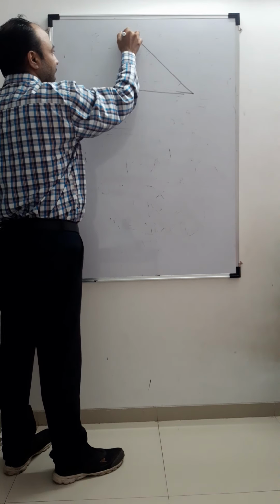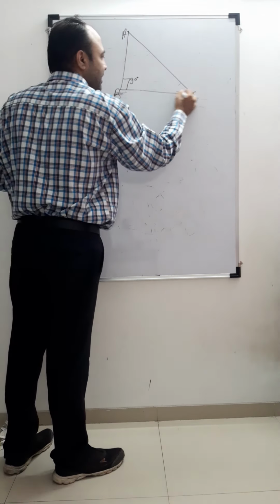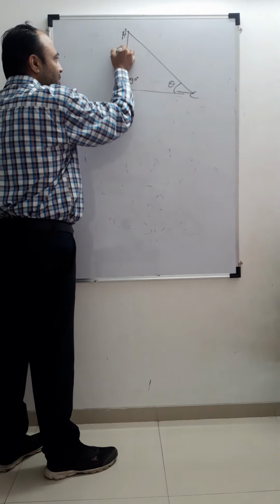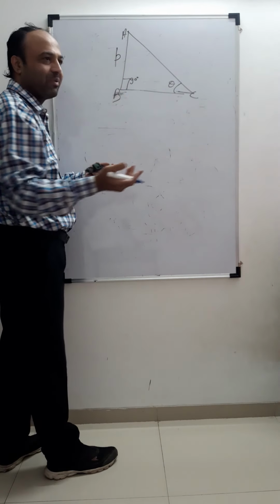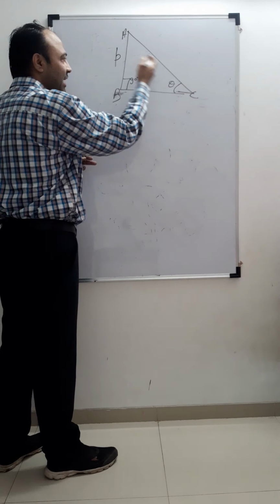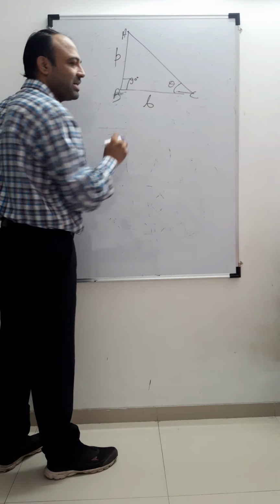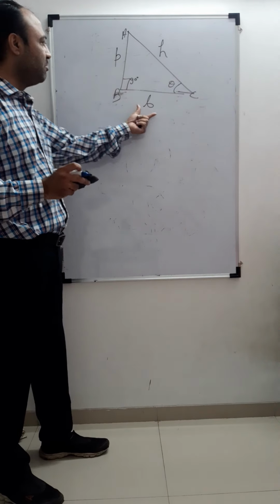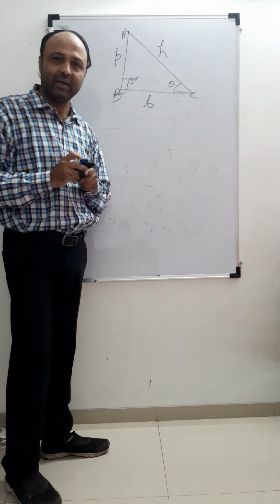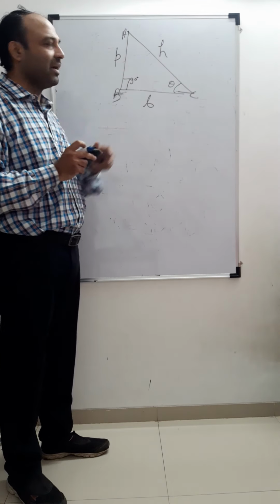Fine. A, B and C. This is one angle I took here, theta. This is known as perpendicular, the opposite side of the angle. This is known as base, small b, and opposite of the 90 degree angle is known as hypotenuse. All of you are aware of perpendicular, base and hypotenuse in a right angle triangle. Fine. This is a right angle triangle.